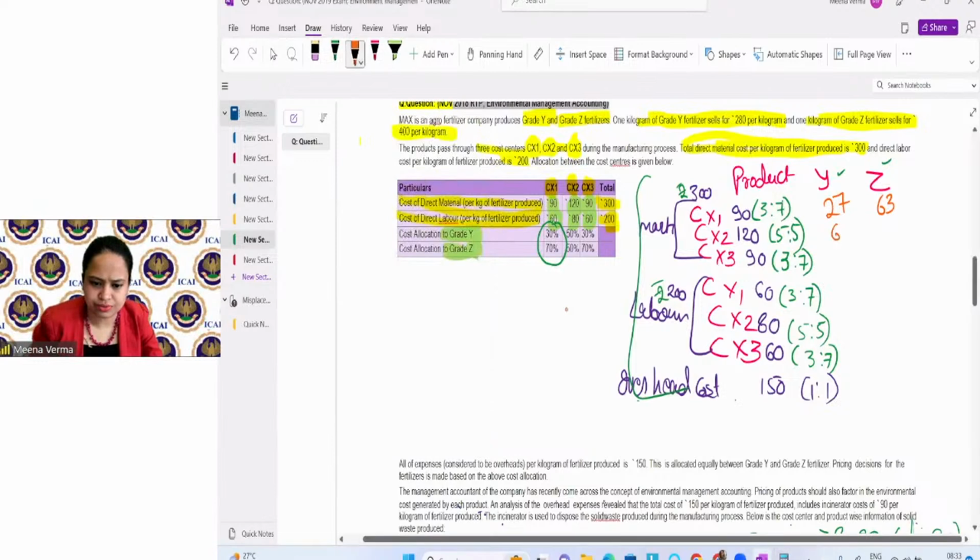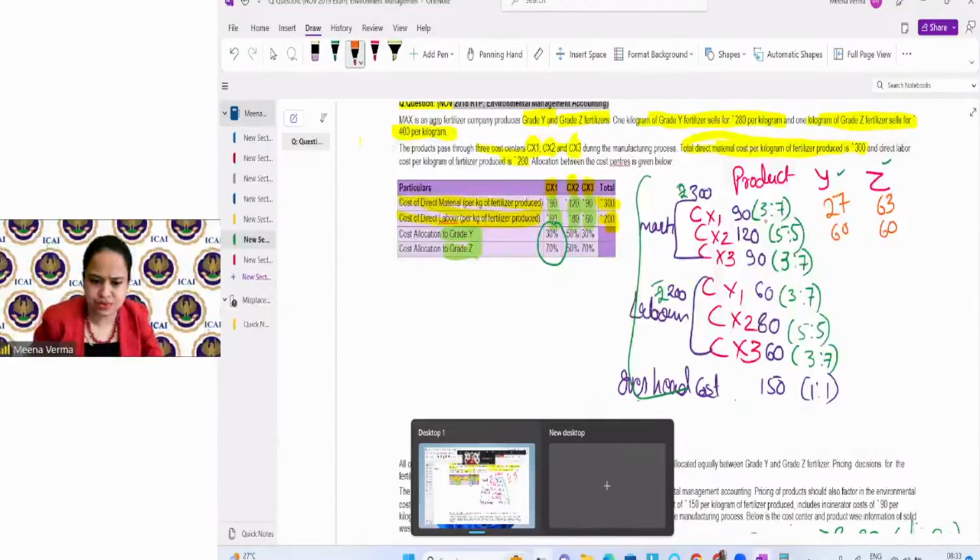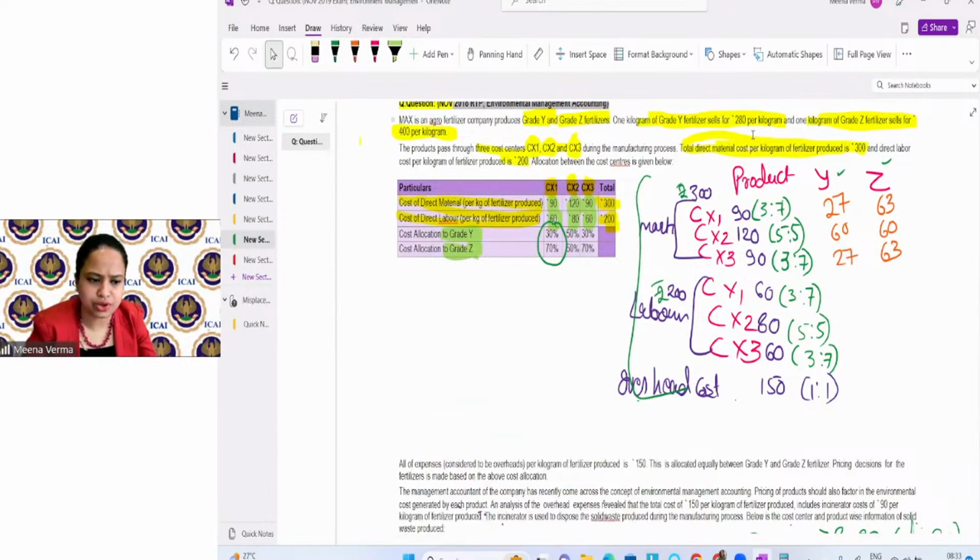This will be equal. Then 27, 63. All right. So just do it accordingly. Solve this accordingly. Yes, please solve it accordingly.